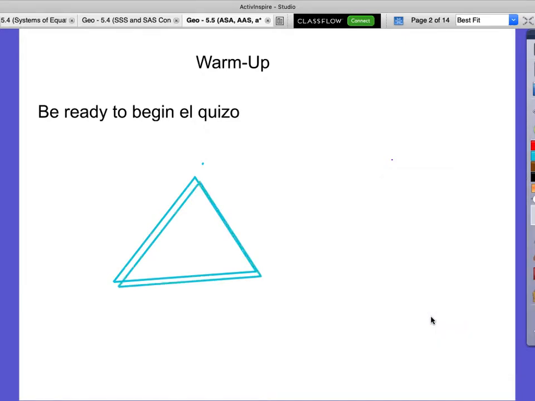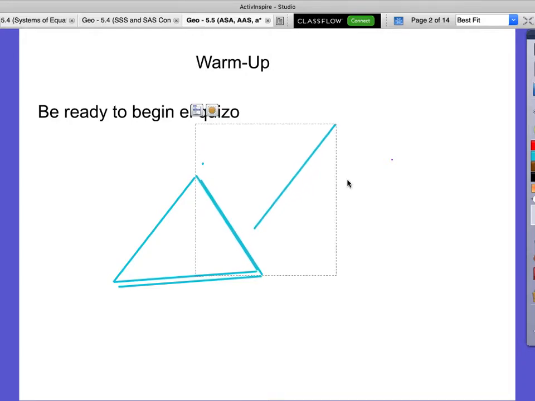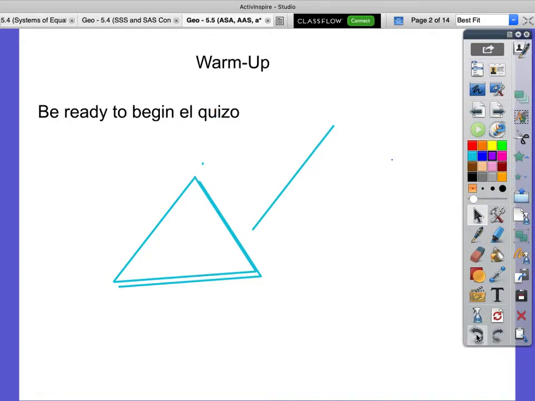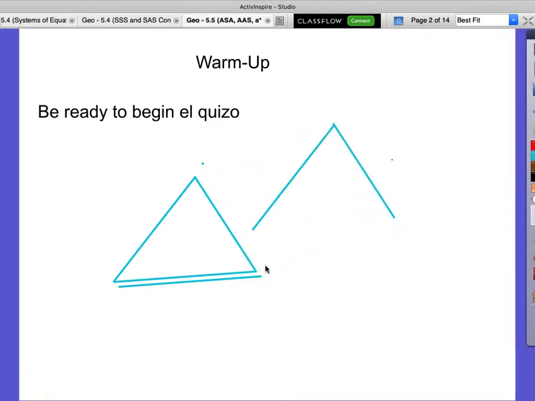I was hoping it wouldn't be temperamental today, but then it decided to be temperamental today. Goodness gracious, this thing is not going to be cooperative with me. I know, I'm working on it.